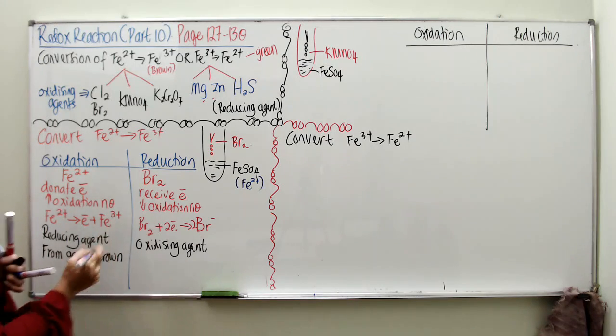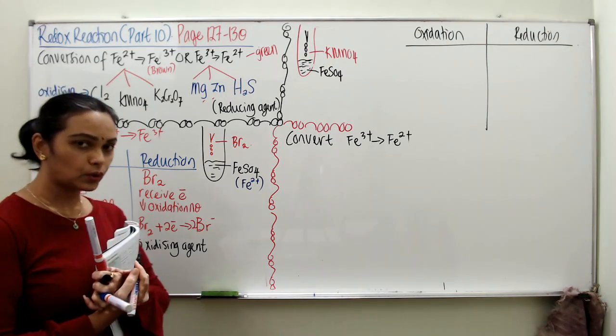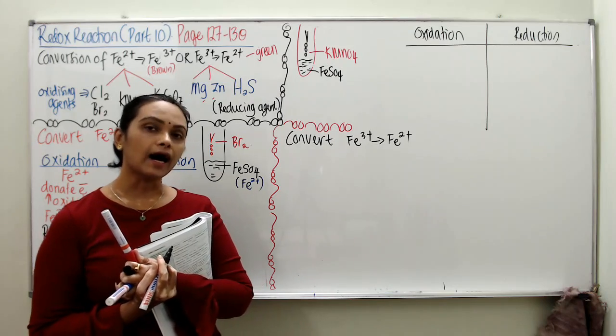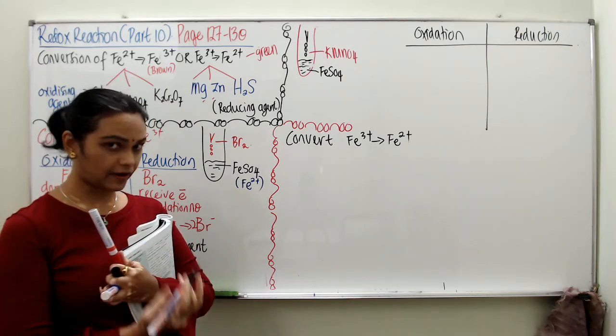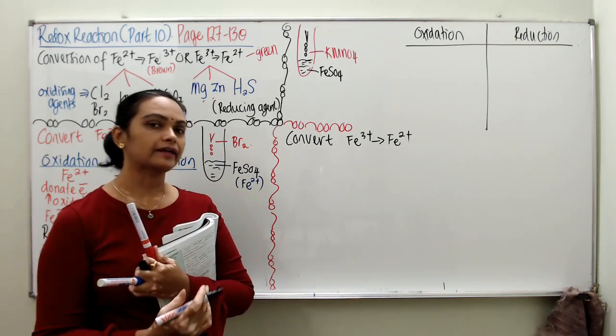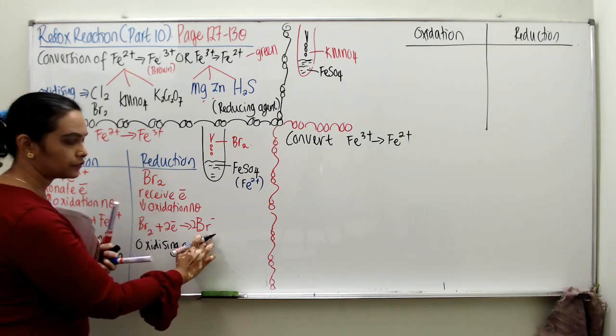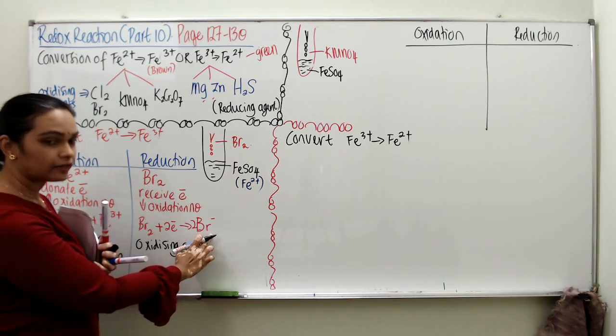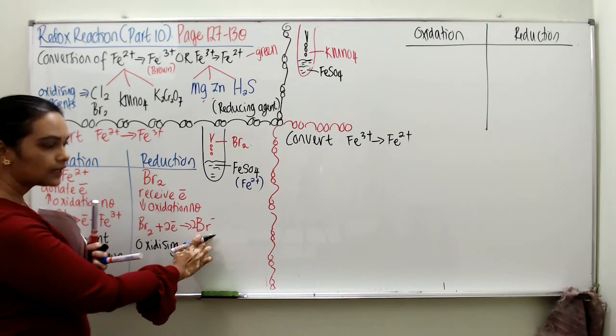And for bromine, remember that I told you that halogens are colored. Halogens have color, but halide, if you look at teacher's part 9 video, you'll find that halide has no color.